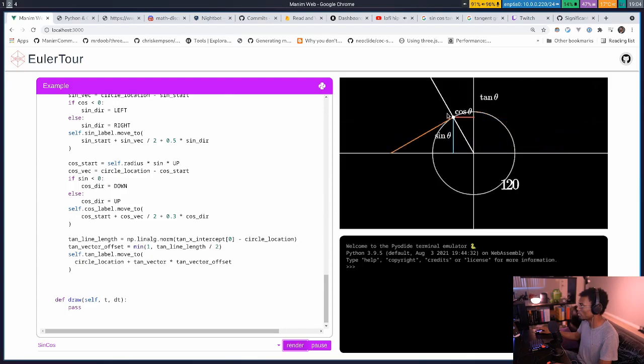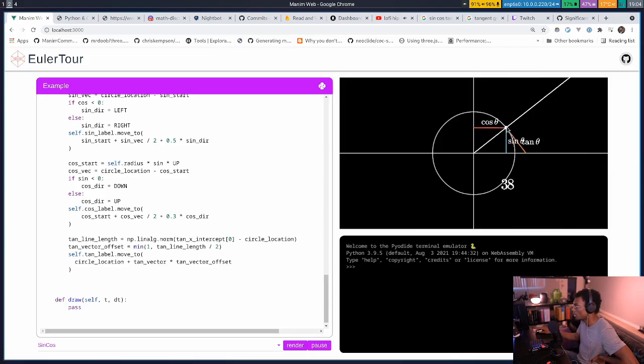Is it working? It's getting confused sometimes. Tangent vector times... Like here it's working fine.